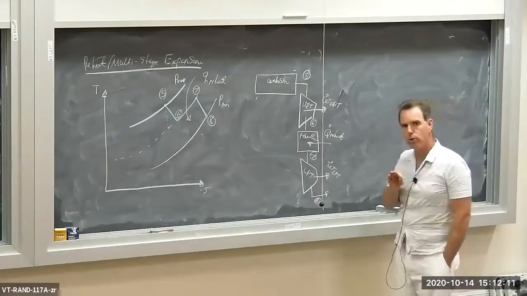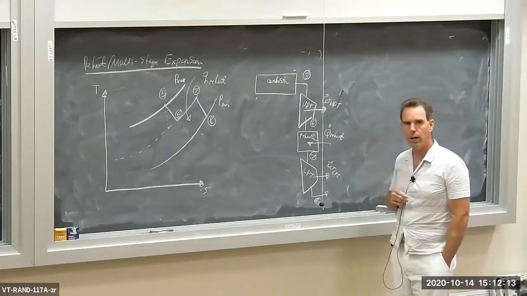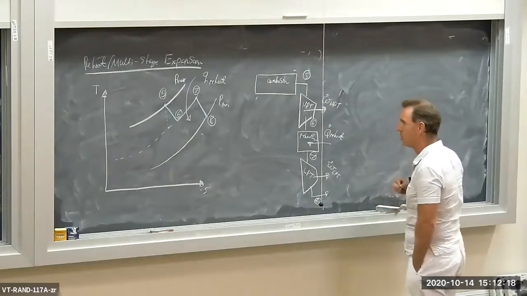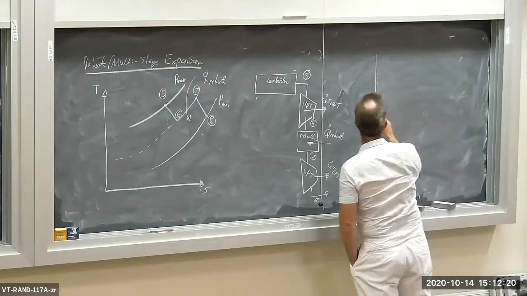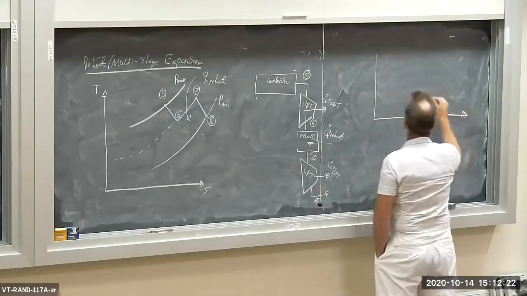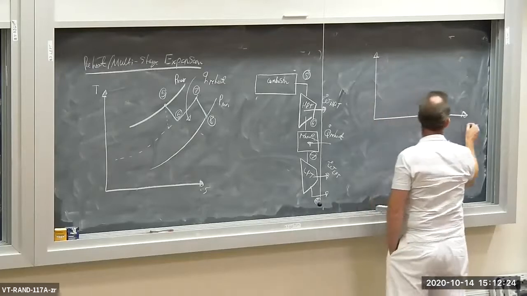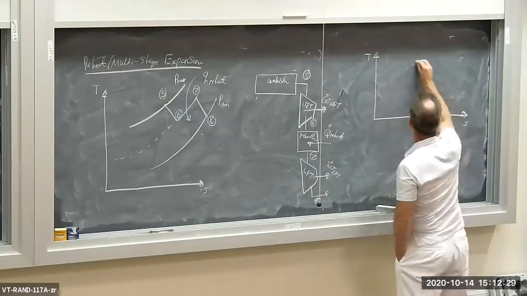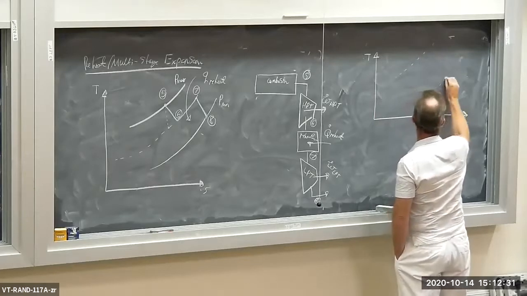Let me show you, let's put these two together, and I'm going to show you exactly where the extra power is produced. So these two strategies combined together in a single device result in increase in power. Now let me take the original, so let's have the original P max and P min isobars in the cycle.